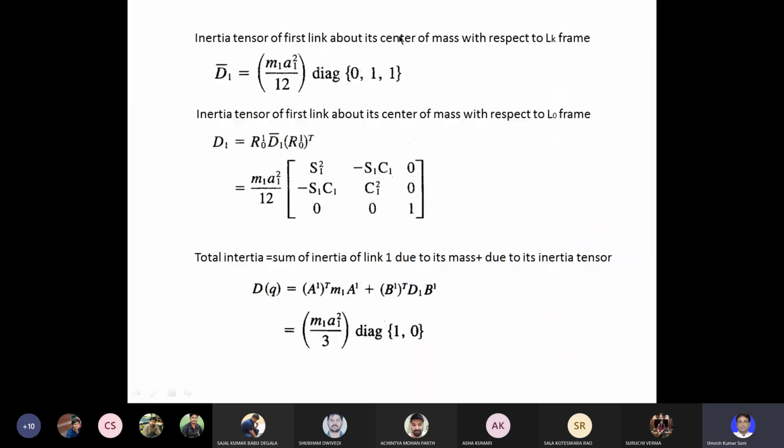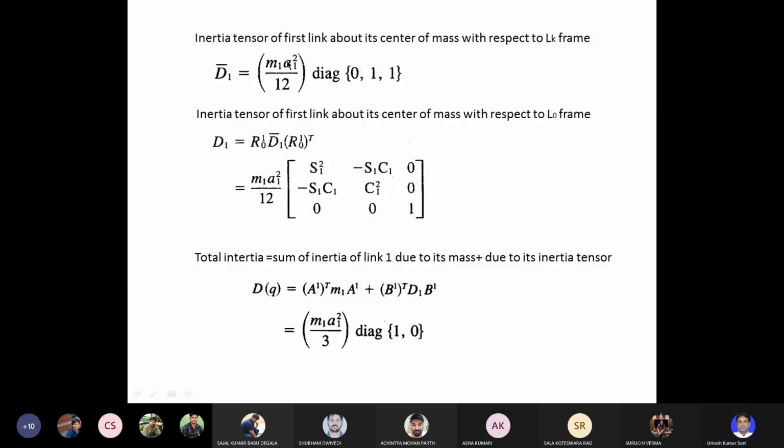Now you calculate the inertia of the first link about its center of mass represented in the L1 frame. Then what will its inertia be with respect to the L1 frame? This is a simple formula of ma1 square by 12, and this is a diagonal term.